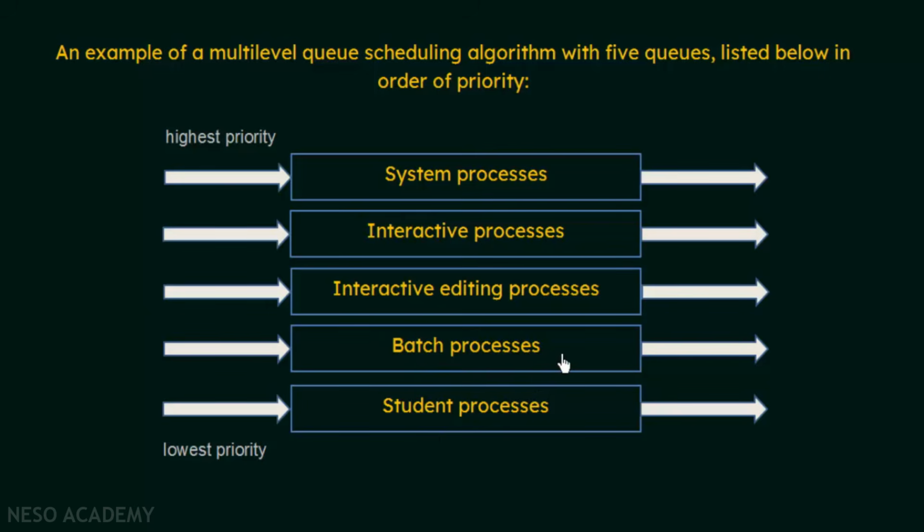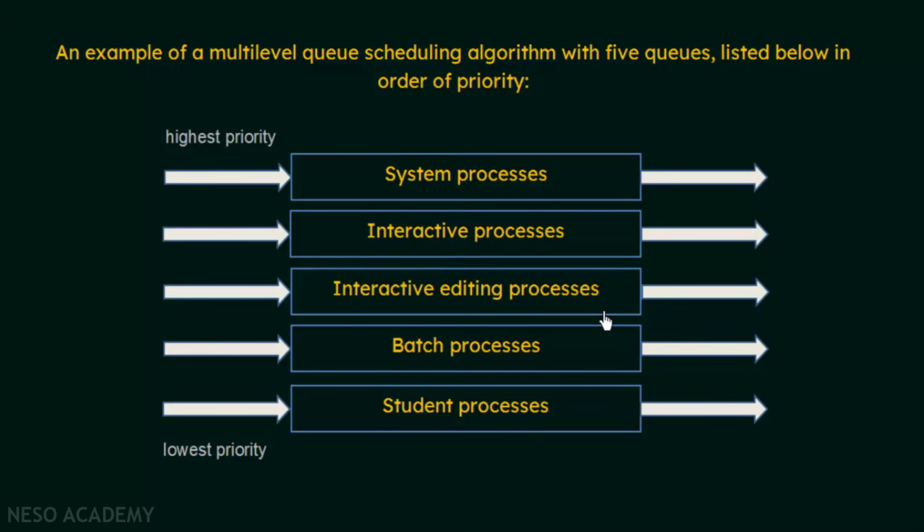And which process is currently executing? I told you it is a process from the batch process queue. But since a process has arrived in a queue which is of higher priority, what will happen? The process that was executing from the batch process queue will be preempted. That means the CPU will be taken away from it, and the CPU will be given to the process that has currently arrived in the interactive editing process queue.